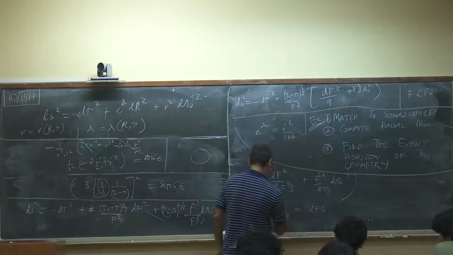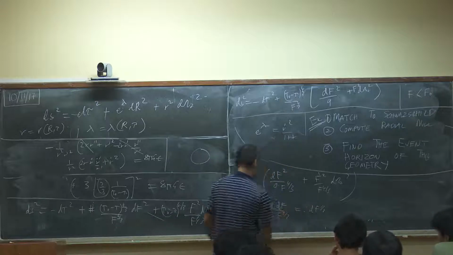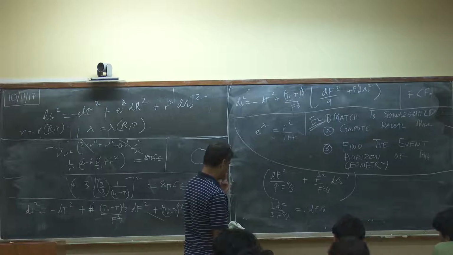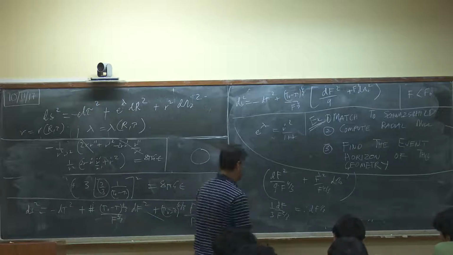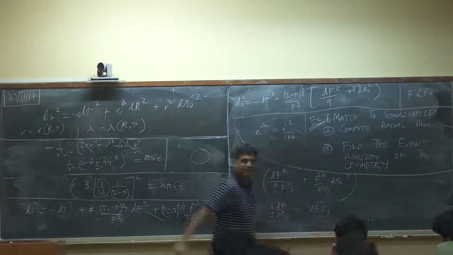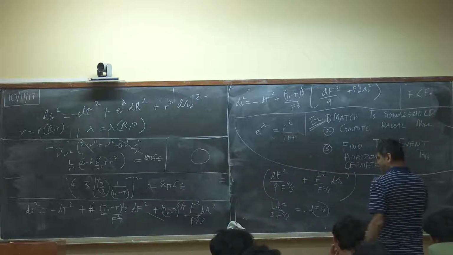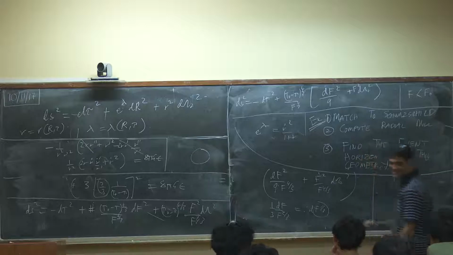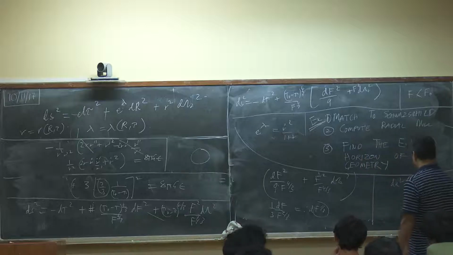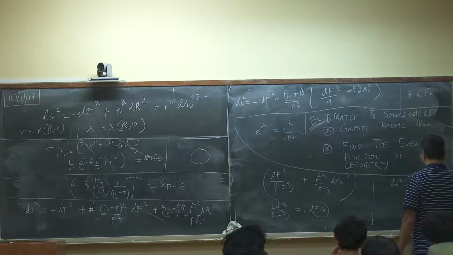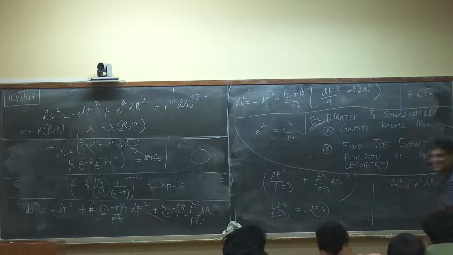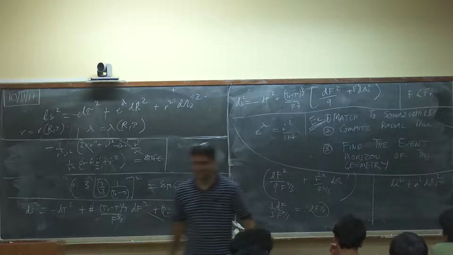Thank you. So let's call f to the power 1 by 3 alpha. Then this thing here is d alpha squared plus alpha squared d omega 2 squared, and therefore is perfectly smooth.